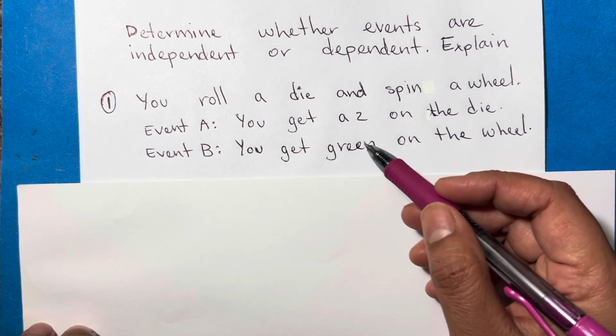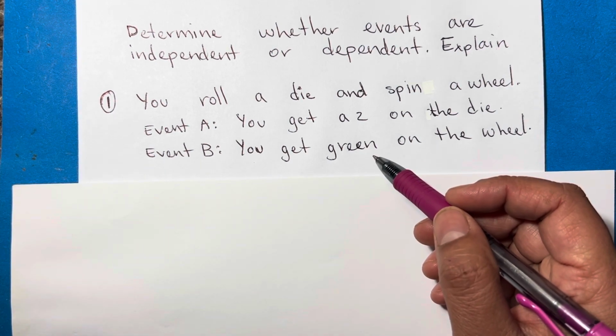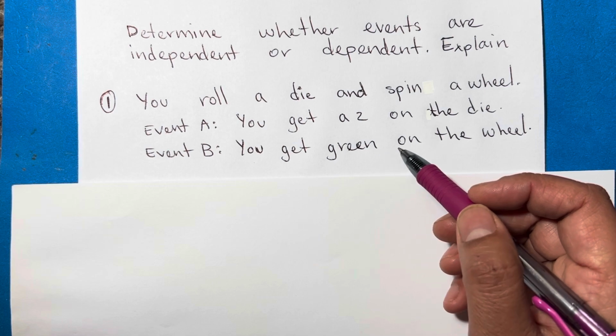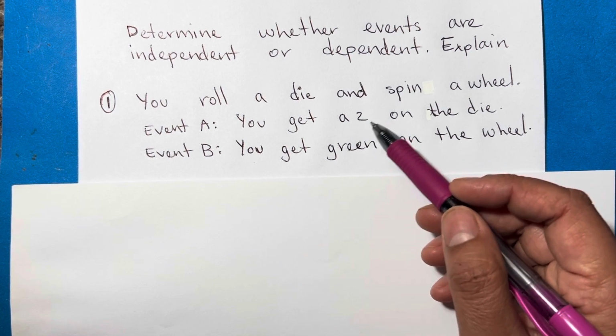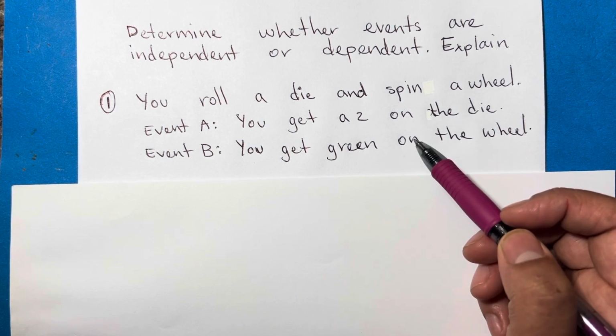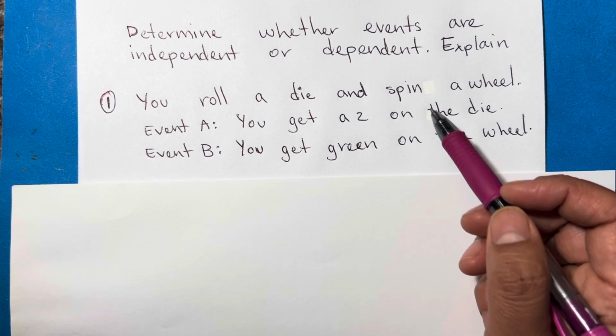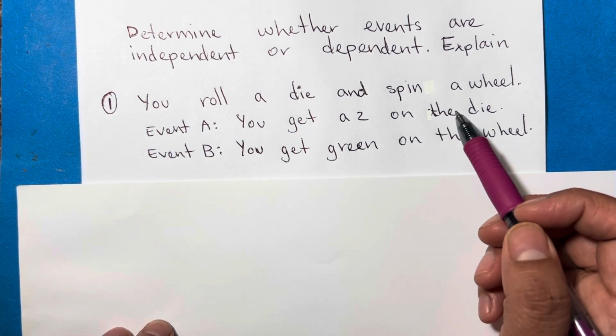Let's pretend that you have 4 different colors. You might have red, green, blue, yellow on the wheel, and it doesn't matter what you get on the die. You might get any of the 4 colors on the wheel independently of what you get on the die.